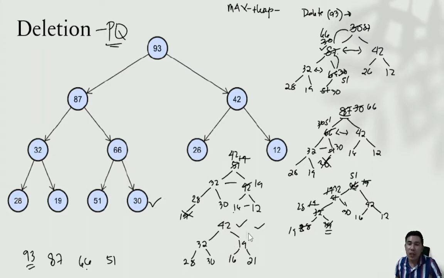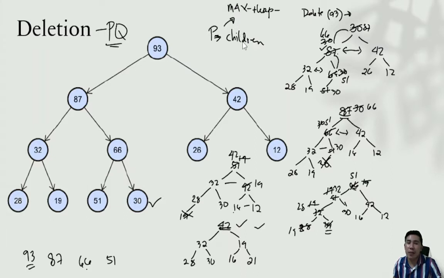If you keep on deleting and deleting, you will always note that the parent node is always greater than its children, because we use the max heap.